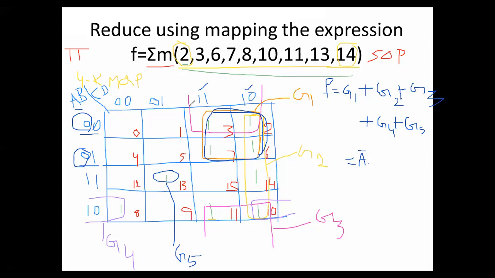Out of these two combinations, which is common here? 1 here and 1 here. So this belongs to which variable? The C variable. C equal to 1 means the representation is C. This is the group 1 expression.